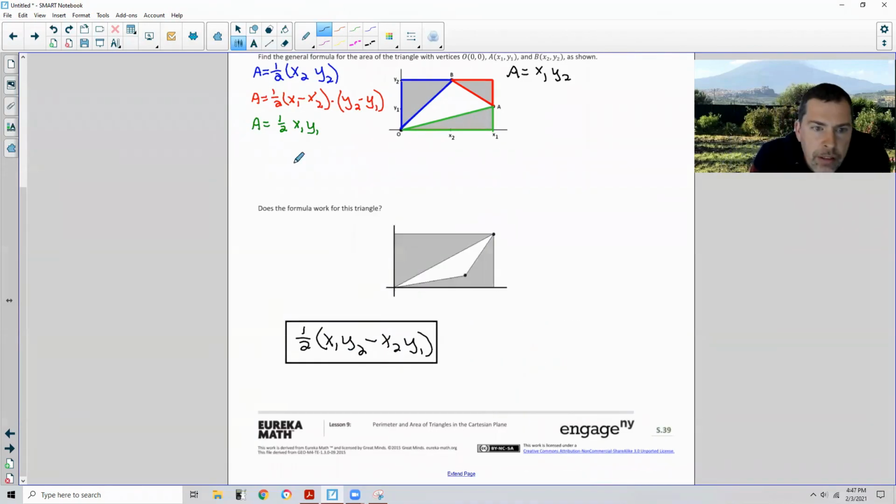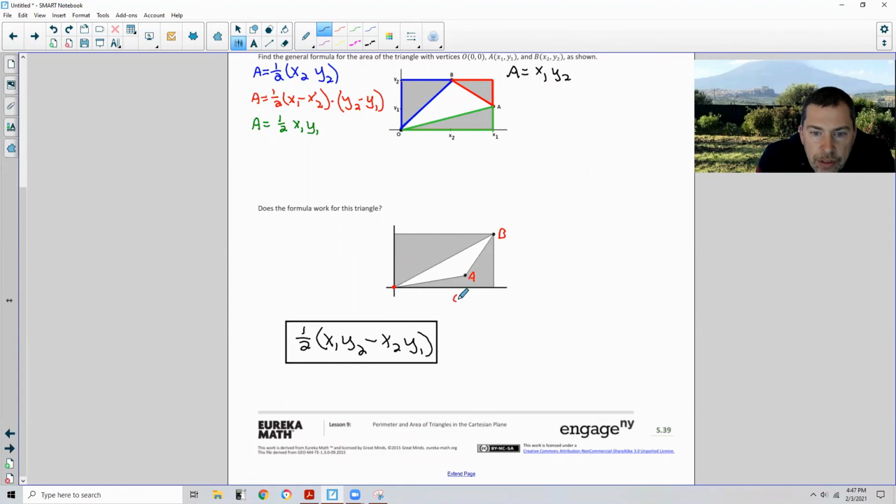Okay, so now it says, does the formula work for this triangle? Well, what we need to do is, we are at the origin, by the way. So that is one thing that we have to have. We have to have a triangle where at least one of the points is the origin. So this is the point 0, 0, it's the O. If I call this A, sure, why not? And if I call this B, okay.